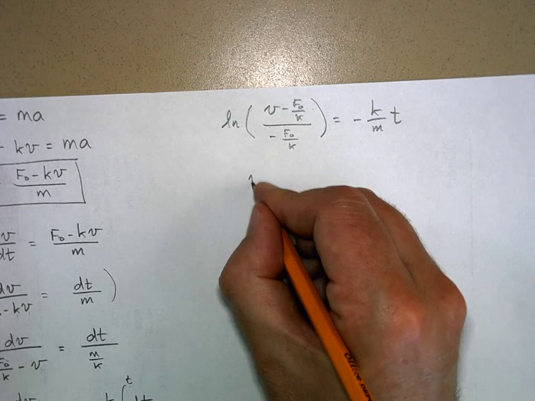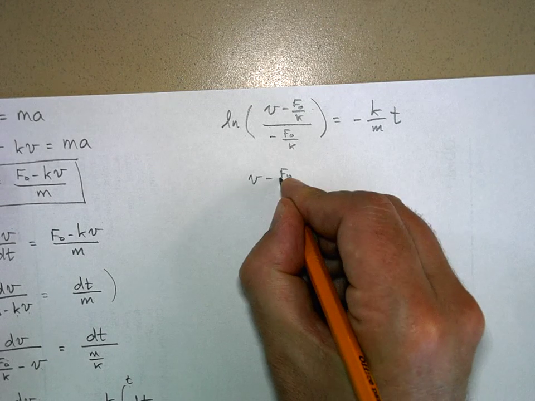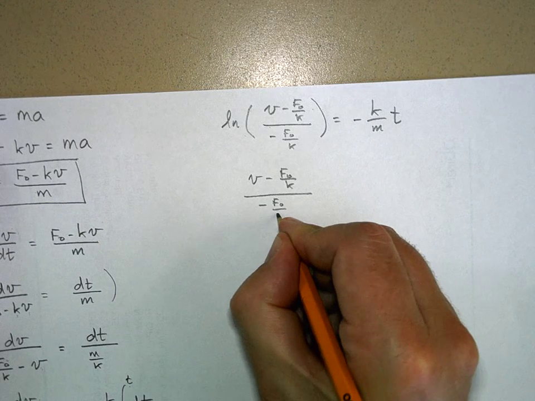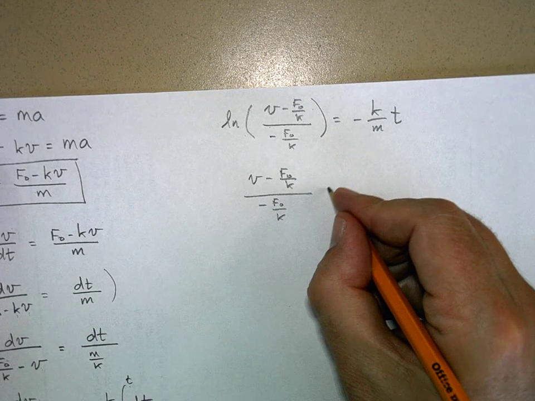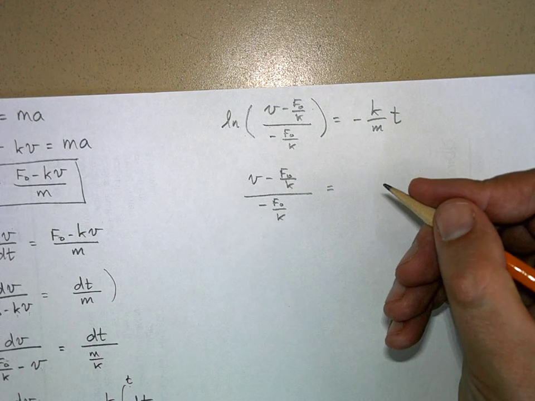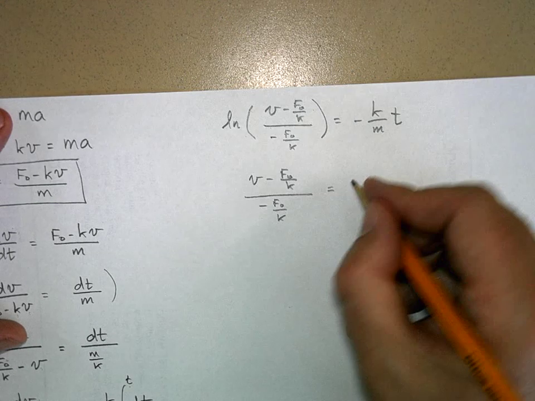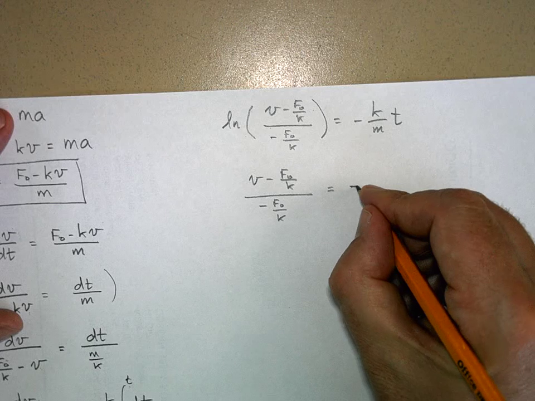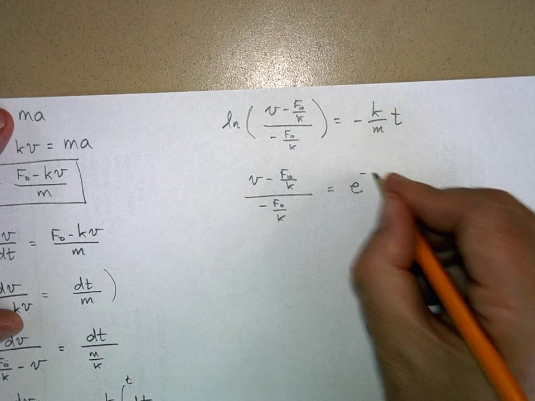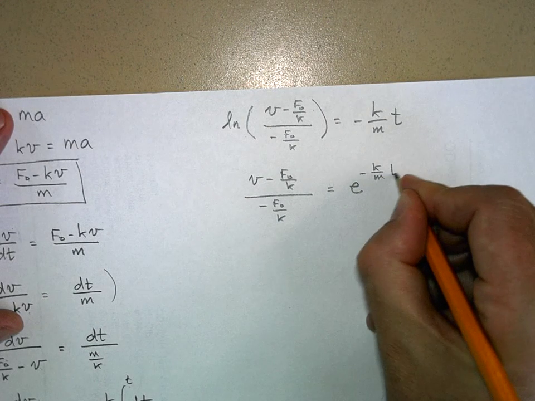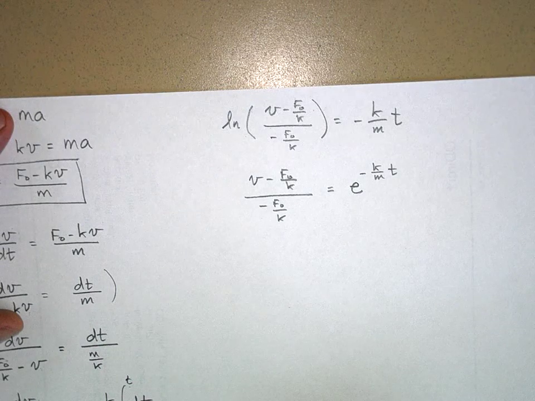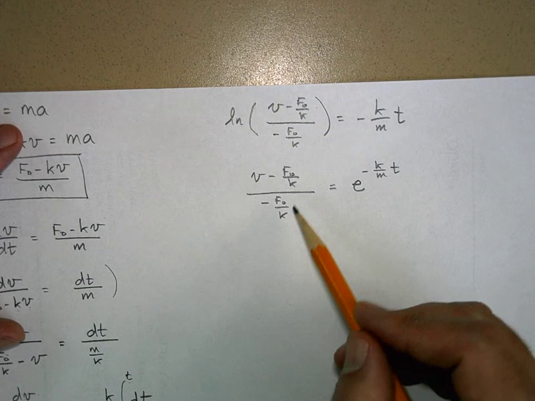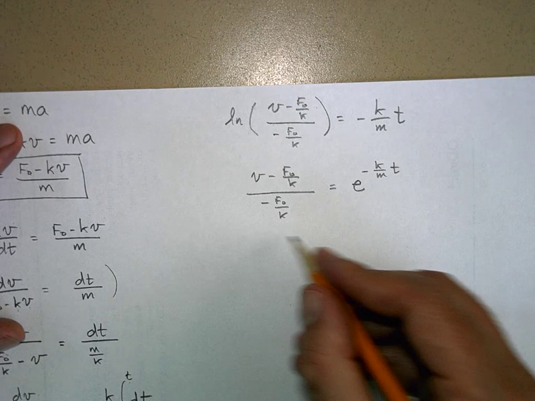So this gives me (v minus F naught over k) over negative F naught over k equals e to the negative k over m times t. We'll talk about the time constant here in a minute, because there is a time constant there, right? So now I'm going to multiply both sides by negative F naught over k.